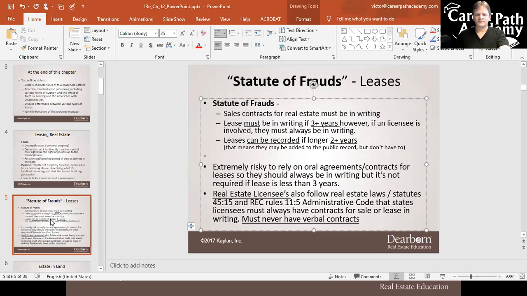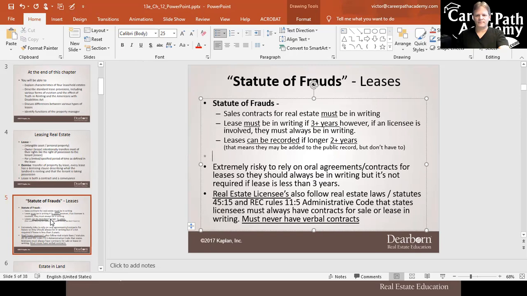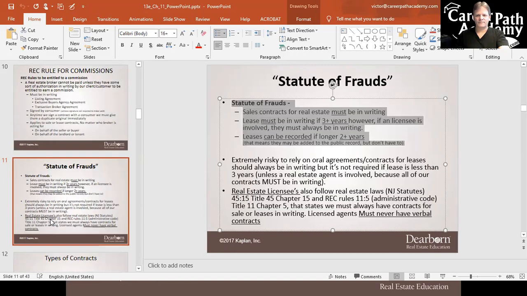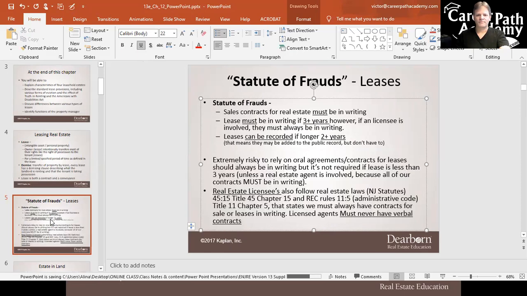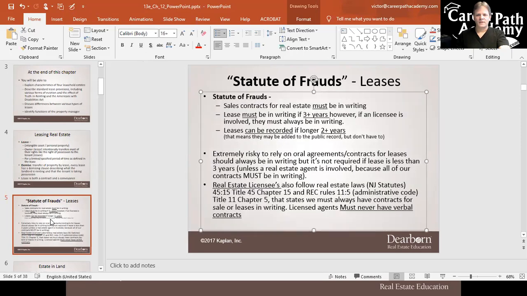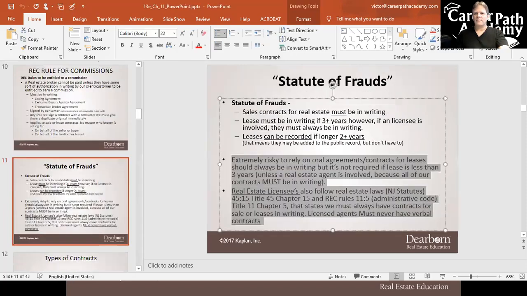Just made that little mod. So it's extremely risky to rely on any verbal contracts. We should always get things in writing. This is only pertaining to when it's the owner of the property and they're not using a real estate agent. And there you go. Okay, now I got that matching slides up from the other chapter.